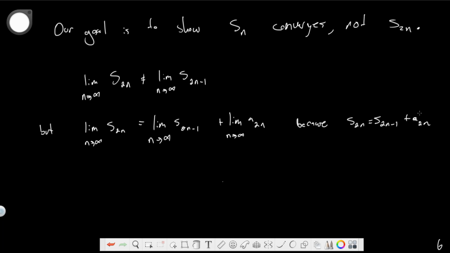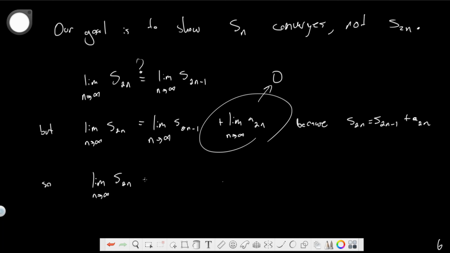This thing over here goes to 0, because we are given in our initial conditions that a sub 2n goes to 0. So, since this is 0, the limit as n goes to infinity of S sub 2n is equal to the limit as n goes to infinity of S sub 2n minus 1.